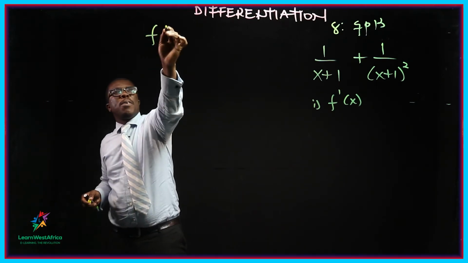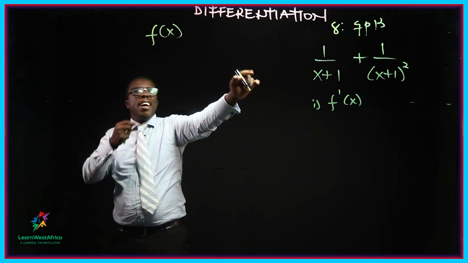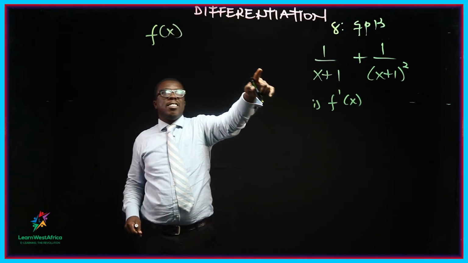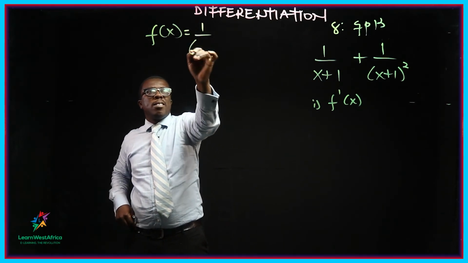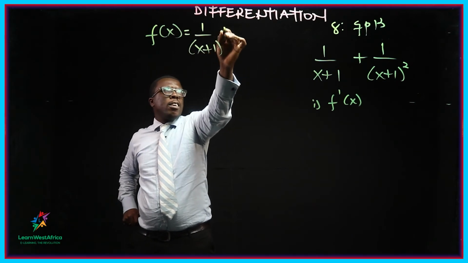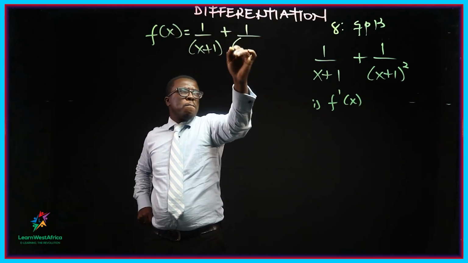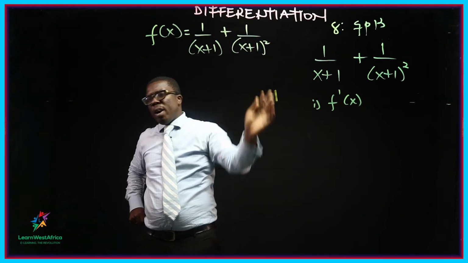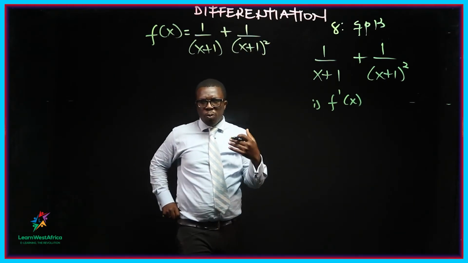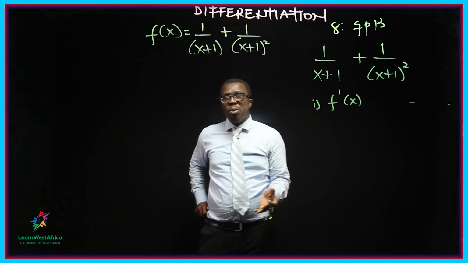Okay, so when you have f of x like that, and it's been given as 1 over x plus 1 plus 1 over x plus 1 all squared, and you've been told to find the first derivative, what do we do?